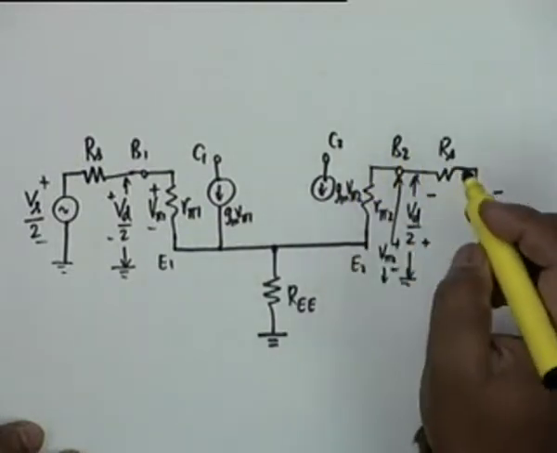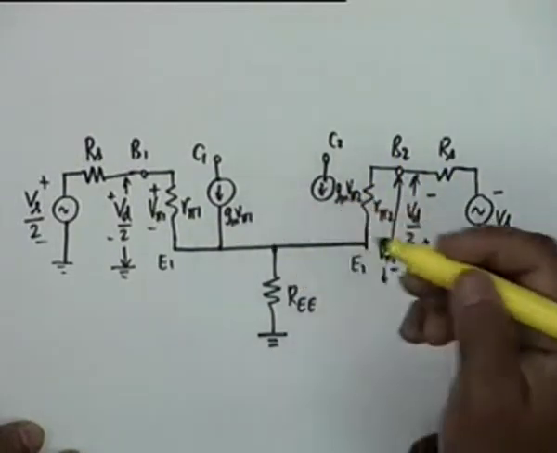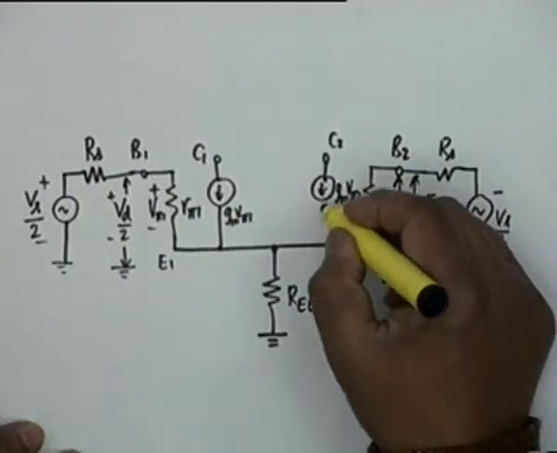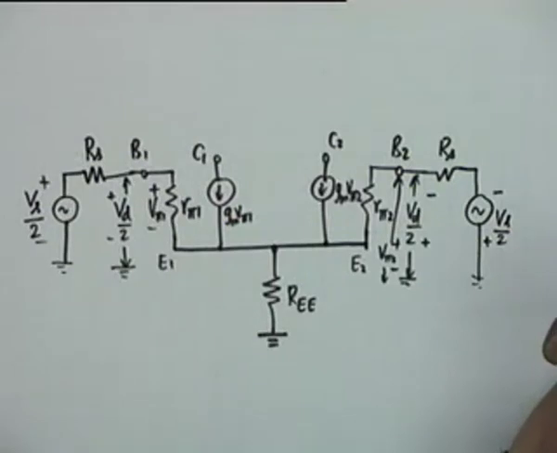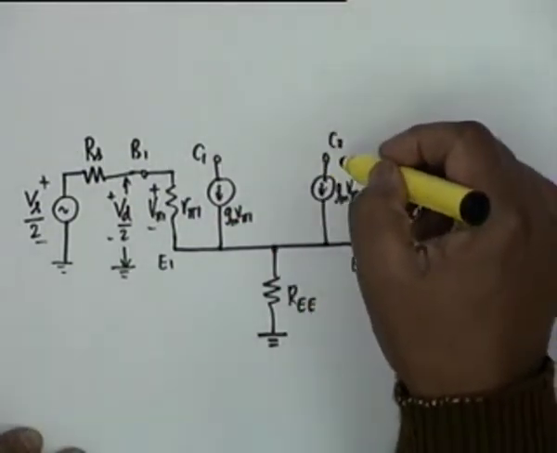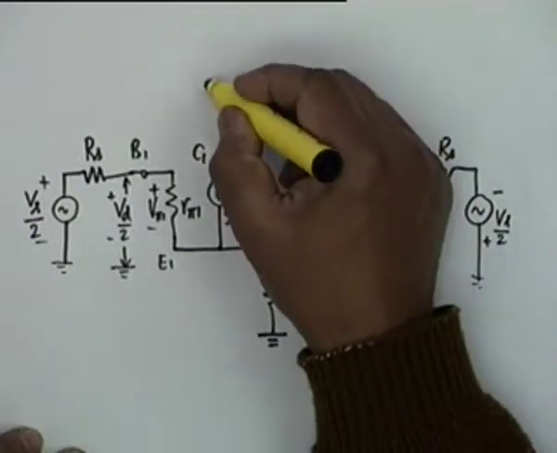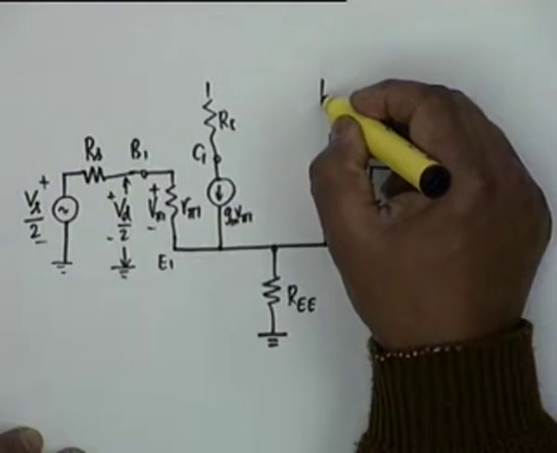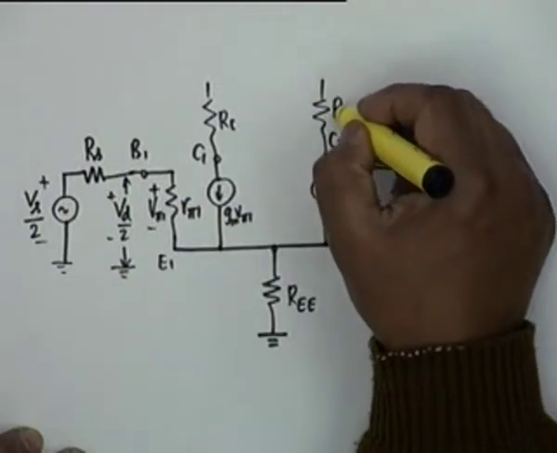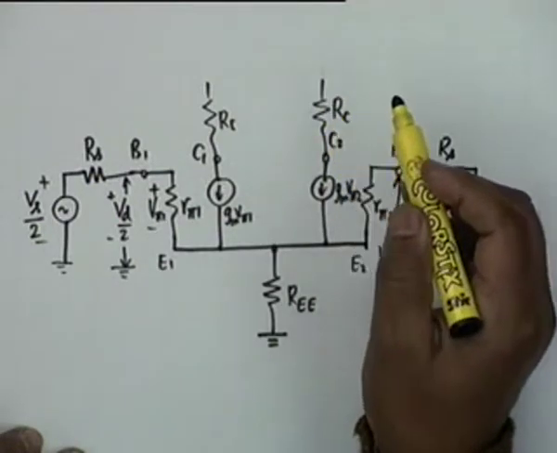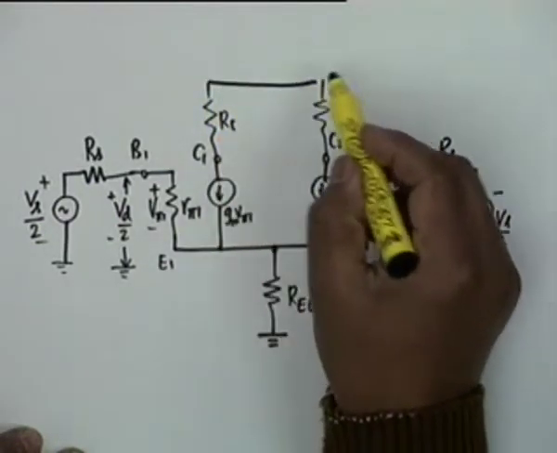GM V pi 2, if you wish you can say GM1, GM2, but they are identical because I sub C's are identical. GM V pi 2 and then what do we have? From collector to VCC there is a resistance of R sub C, and from collector 2 to VCC there is another resistance R sub C, and these two are connected to ground.